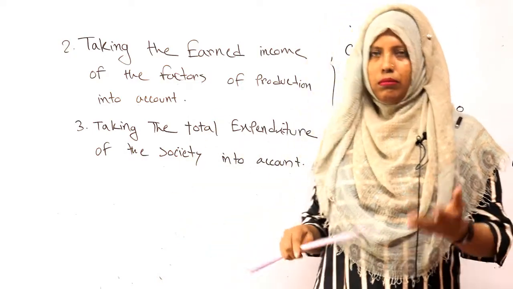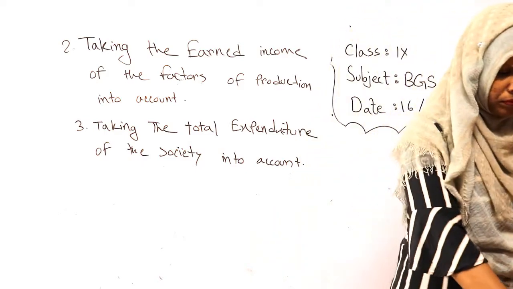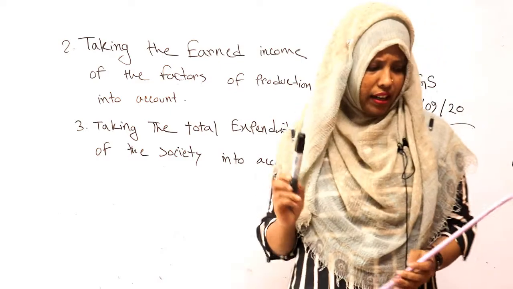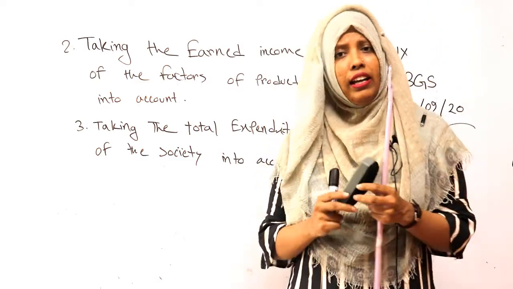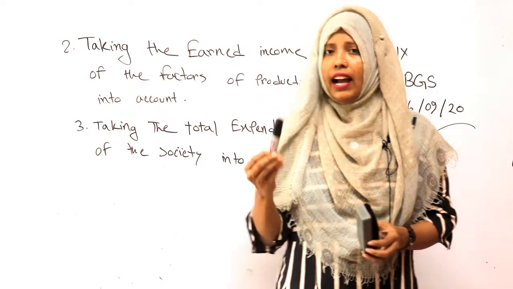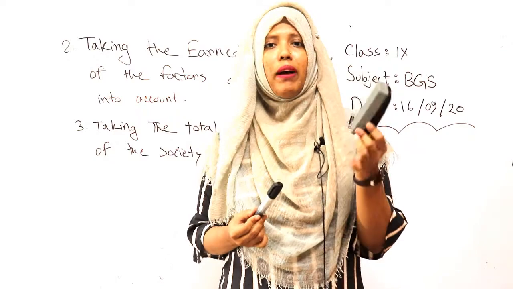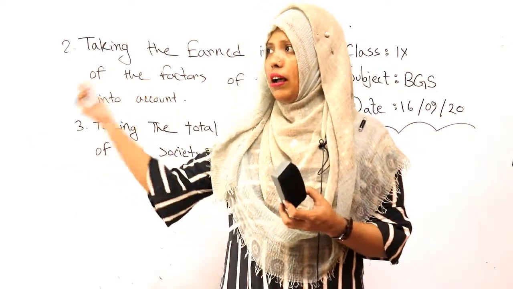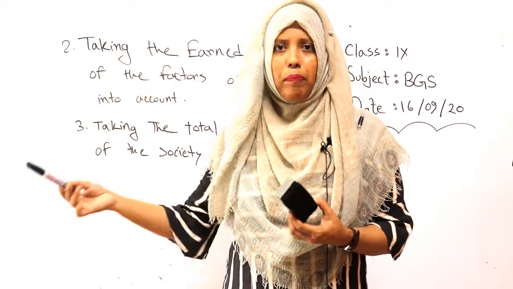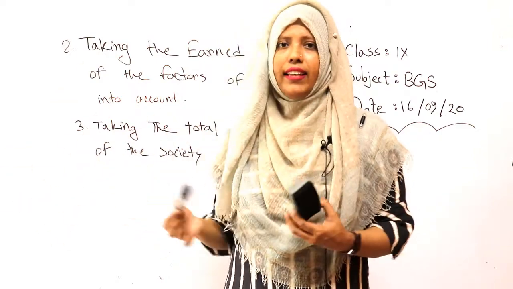Let me explain with an example. Here we have a marker and we have a duster. I am a consumer and I buy a marker and also buy a duster, and another 5 people buy another 5 things or many things.